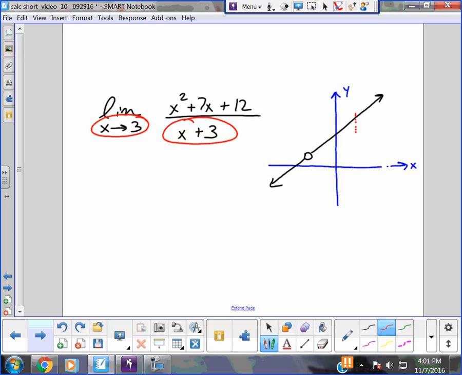So at 3, you can simply find its value. And again, I love using the notation f of 3. You plug in 3, you get the y value f of 3. In this case, we plug in 3, I get 9 plus 21 plus 12 all over 6. And I can see that I get 30 plus 12, 42 over 6. The answer to this is 7.